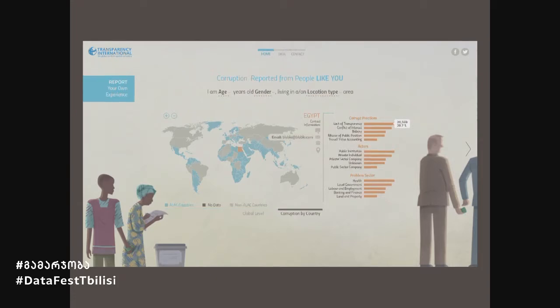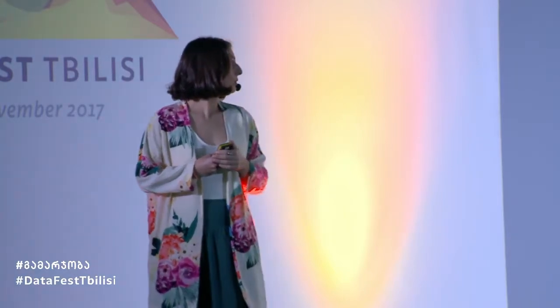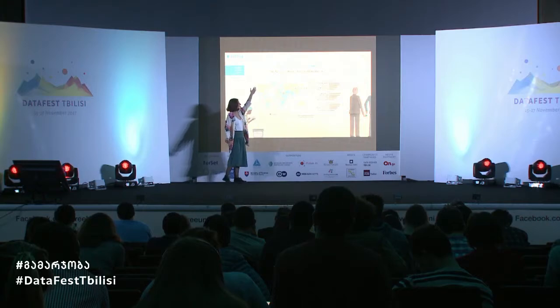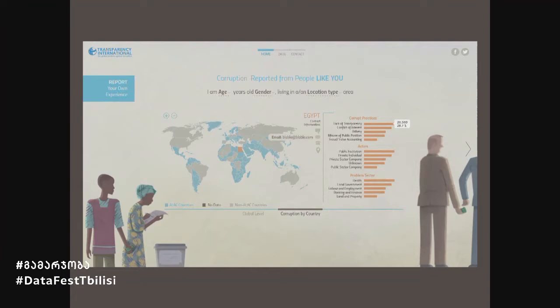This was the portal, the interactive visualization about corruption data, and we had really enormous data here, but we thought that if we show the users enormous data of corruption, they will think that it's someone else's problem, not ours, because we never experienced these corruption cases. That's why we came up with the idea of showing people the corruption reported from people like them.